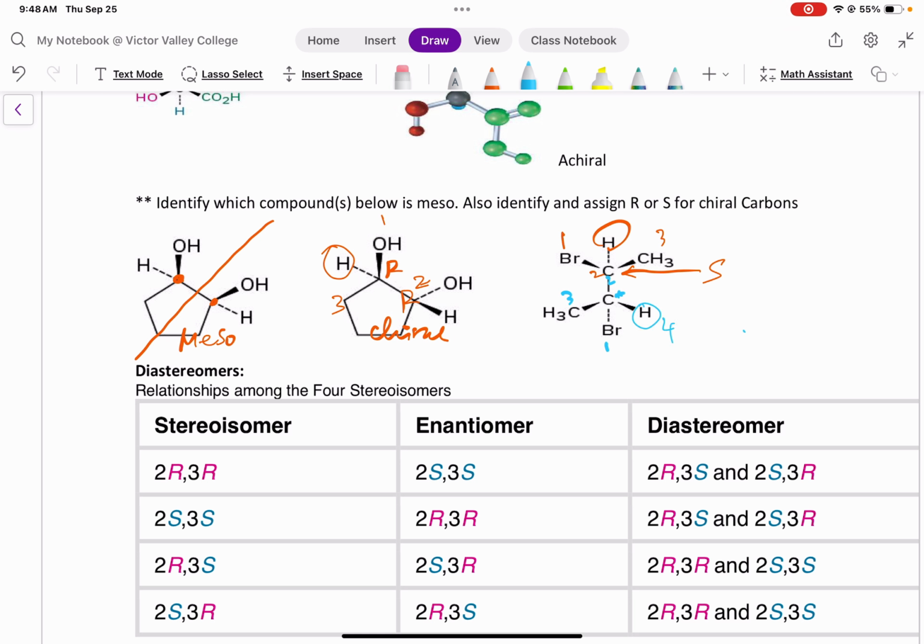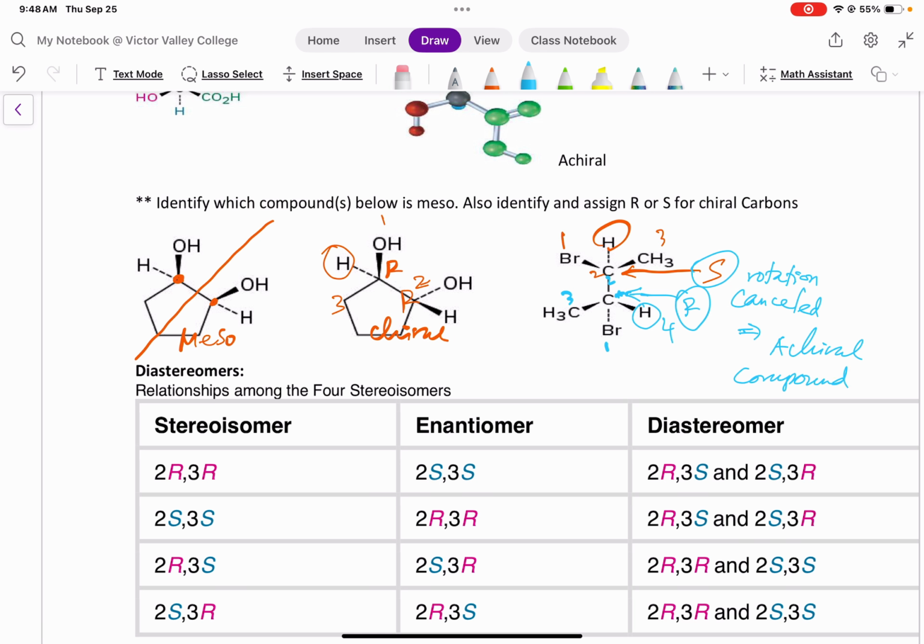So 1, 2, 3 looks like S, but it's actually R. So if you got 1 S and 1 R, cancel. So overall it is an achiral compound with 2 chiral carbons. Okay.